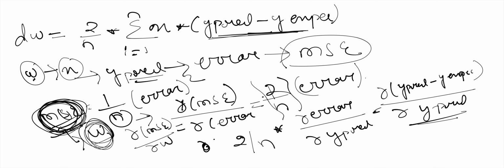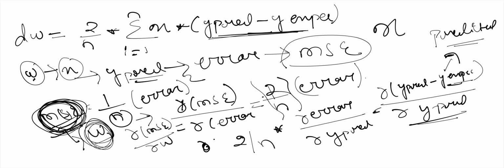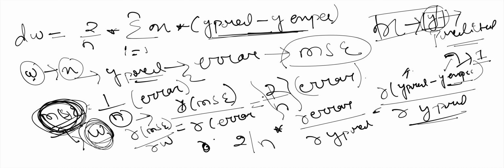Because y expected is already predefined. It's like a constant. For a certain amount of input x, this is what the expected value should look like. So y expected is a constant, and the derivative of a constant is zero, no changes. It is the prediction that is going to get affected, so we can ignore this for the time being.